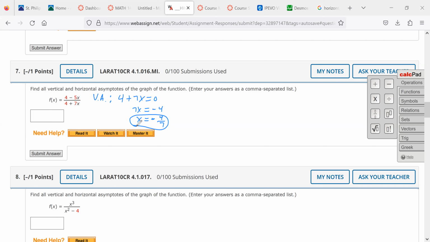Now, what is the degree of the top and bottom? Yeah, it's going to be 1. So take the coefficients of the horizontal asymptote.